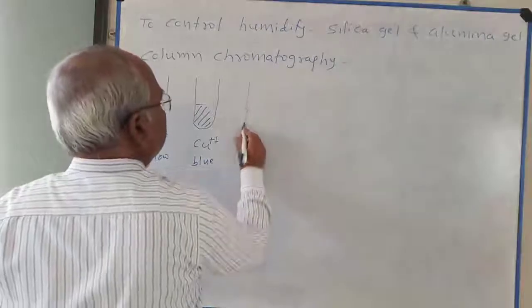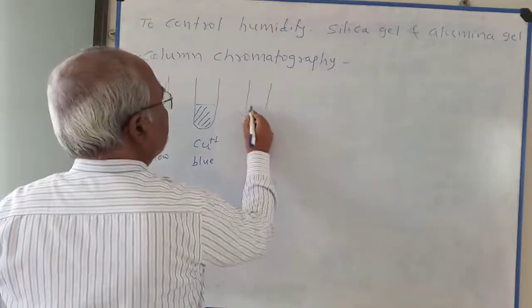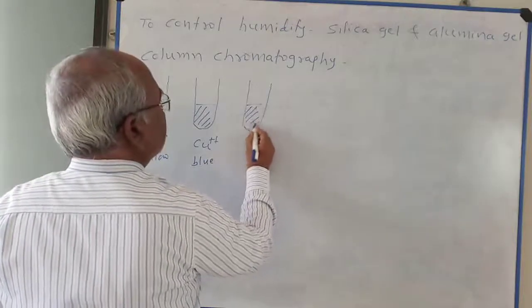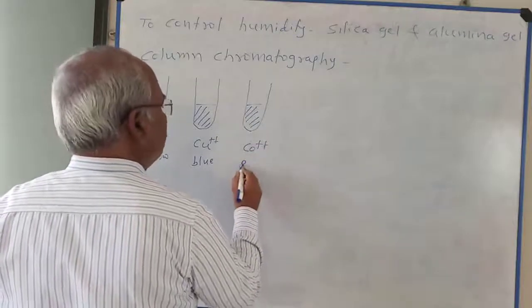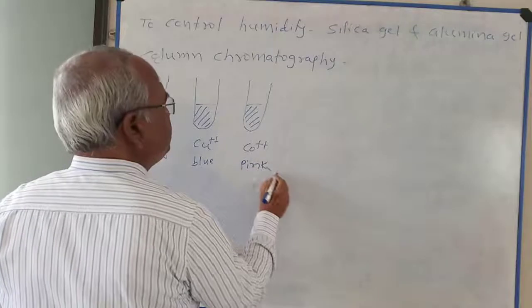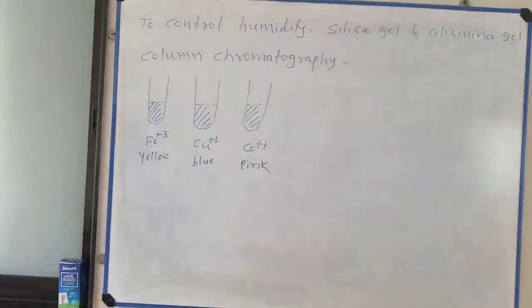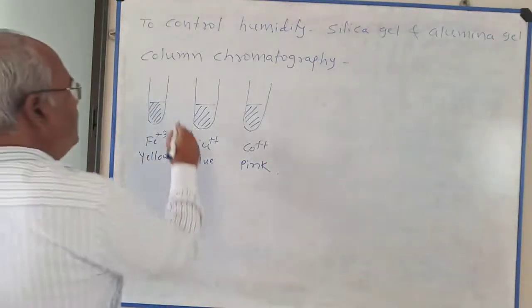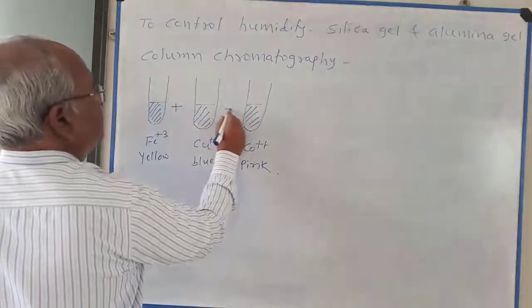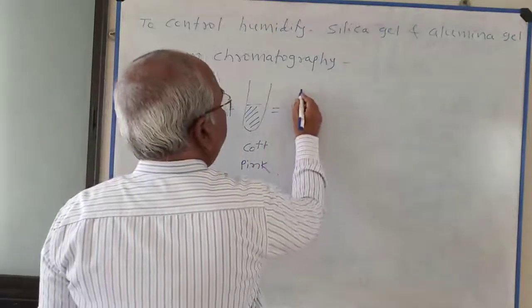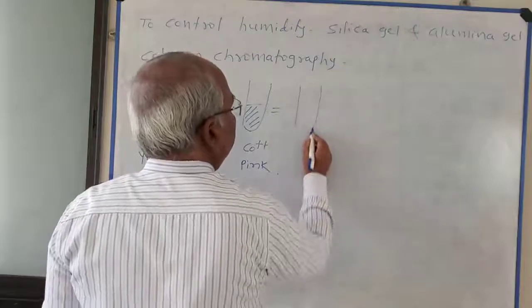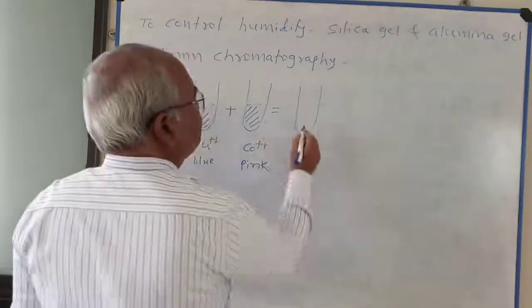This is the third test tube, which contains Co++ ions, cobalt, which are pink in color. When we mix these three solutions, we get the mixture of these solutions.